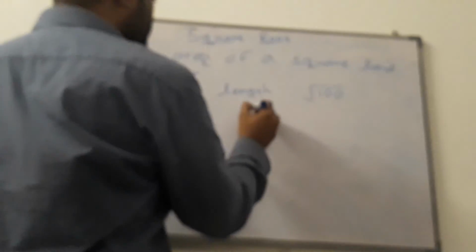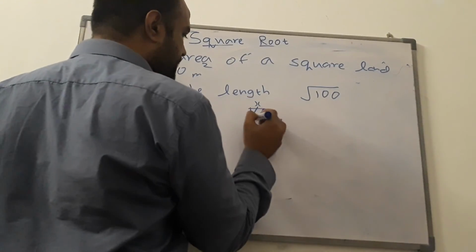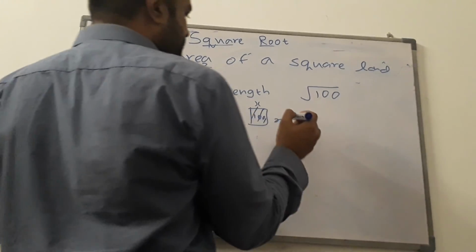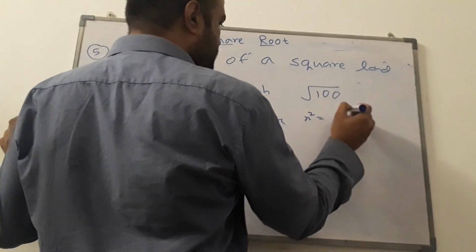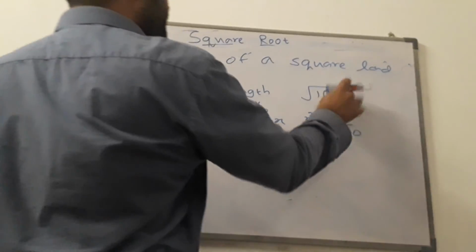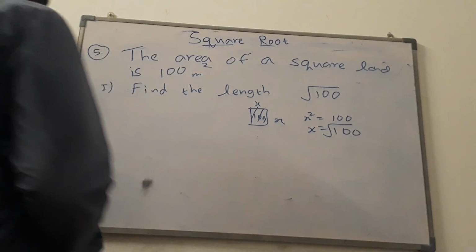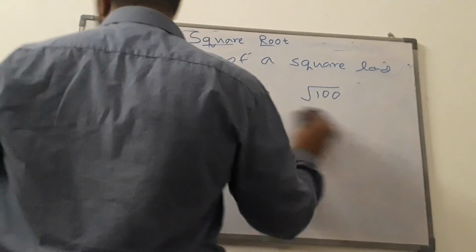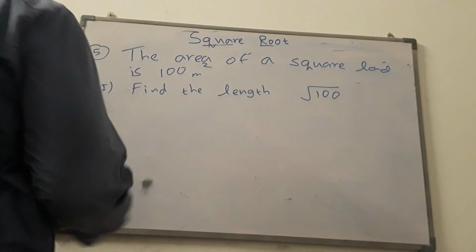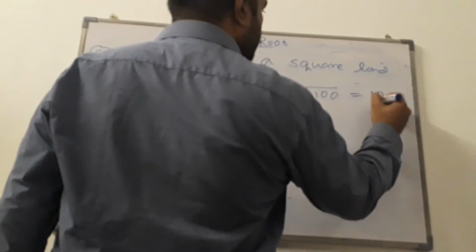Length is square root of 100. If this is x, this is also x. If this is 100, x squared means 100, so x is equal to square root of 100. Length times breadth means area, so length or the breadth is equal to square root of the area. So this is equal to 10 meters.